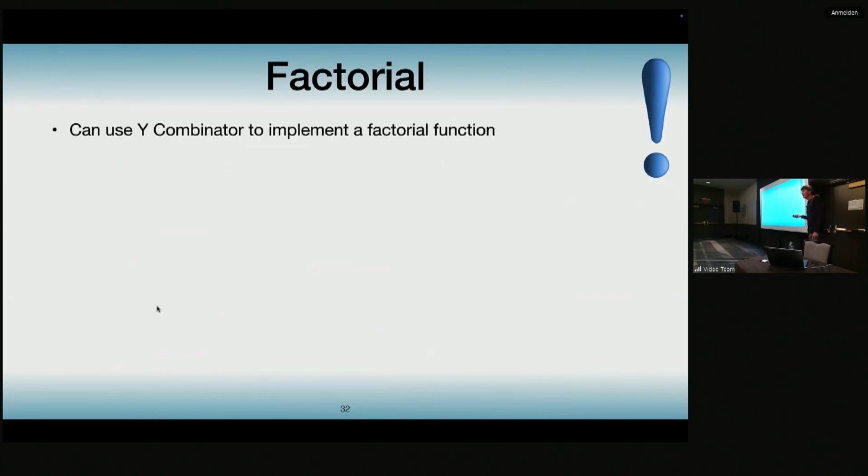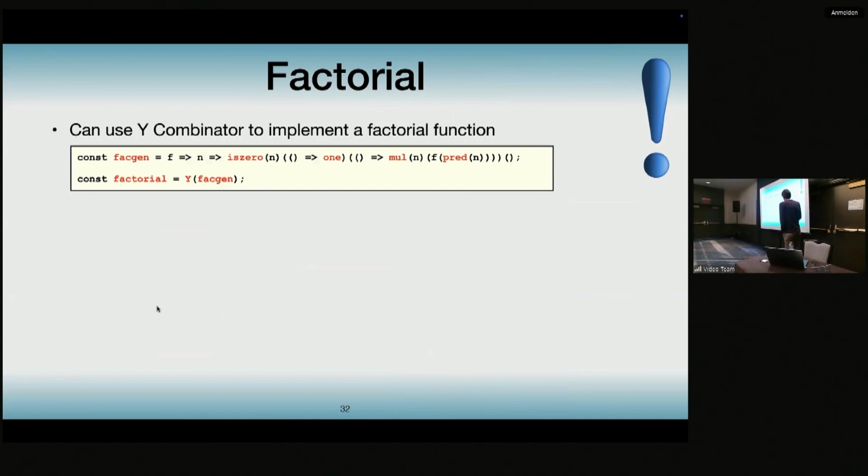And in the recursive definition, you could say the factorial of 4 is 4 times whatever the factorial of 3 is. The factorial of 3 is 3 times whatever the factorial of 2 is. And so that's the pattern that we want to try to implement here. And so I need this function that I'm calling facgen, and that's going to be my f function in the Y combinator that we saw on the previous slide.